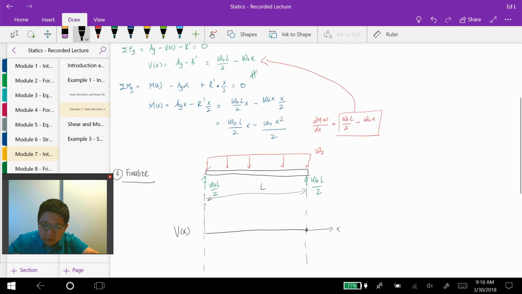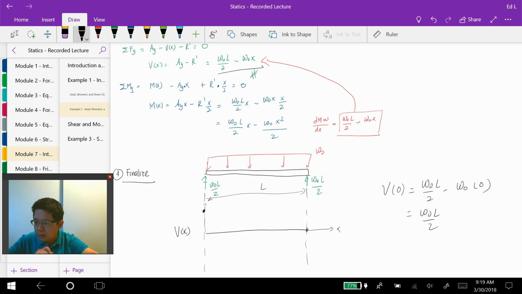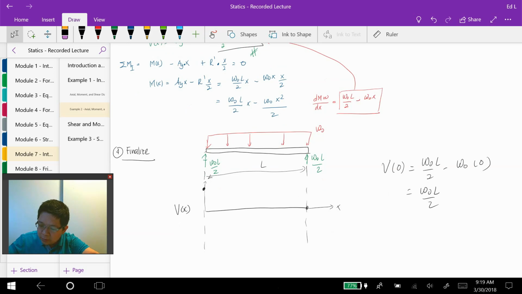In here, the equation that we obtained is w naught L over 2 minus w naught x, which tells me when x equals 0, I will have w naught L over 2 minus w naught times 0, so it is equal to w naught L over 2. At x equal to L over 2, I have w naught L over 2 minus w naught times L over 2, so it is 0.